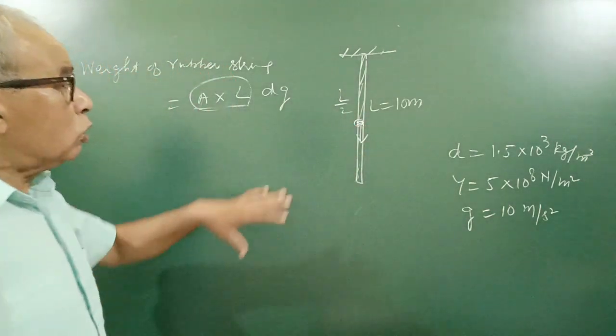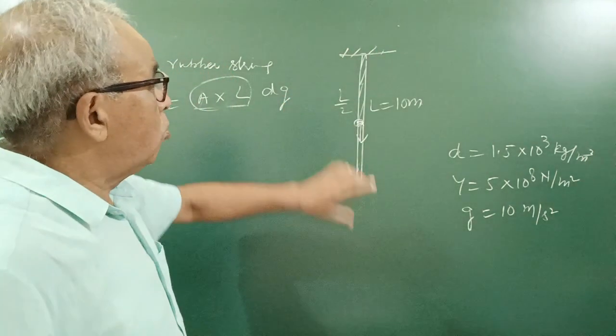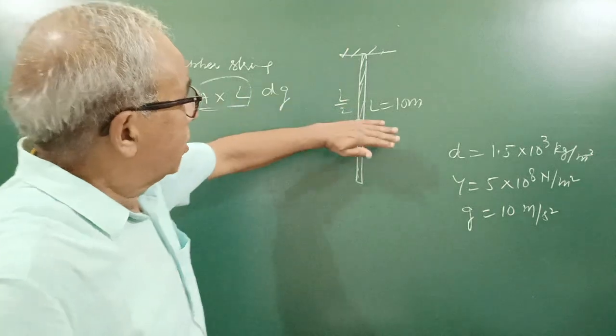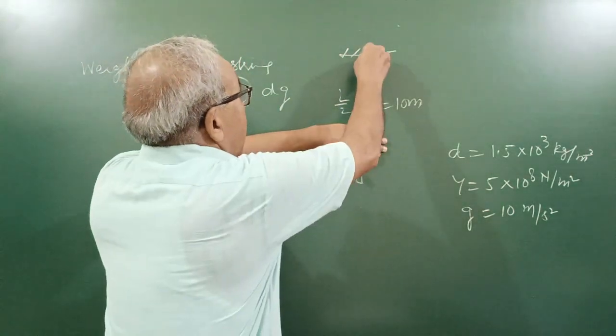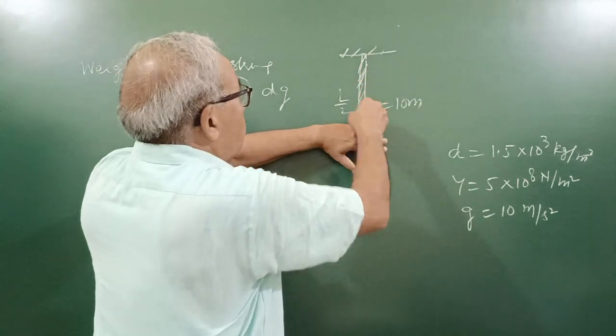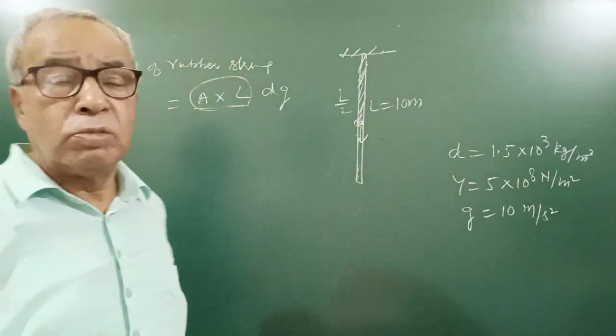So it is supposed that this weight acts at this point, and an increase in length will take place for L by 2.